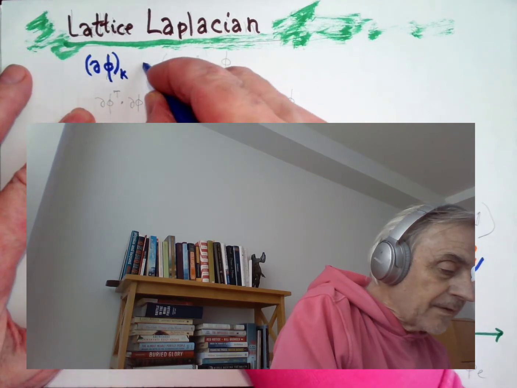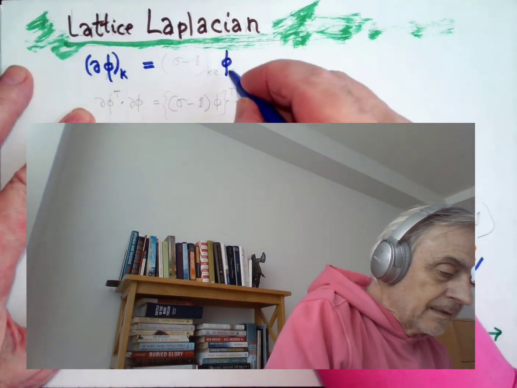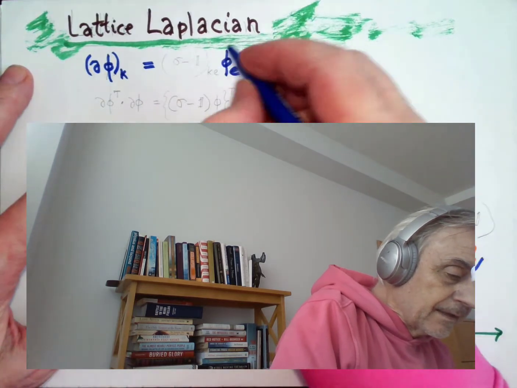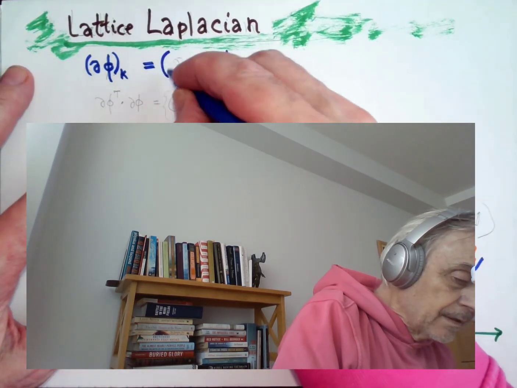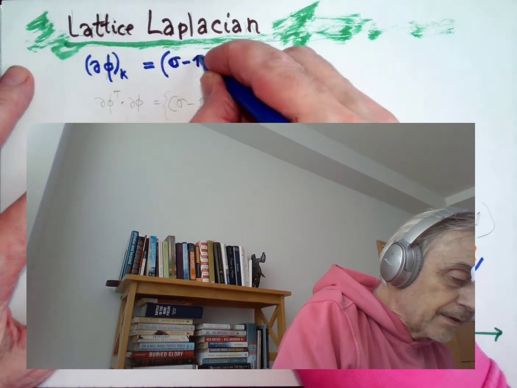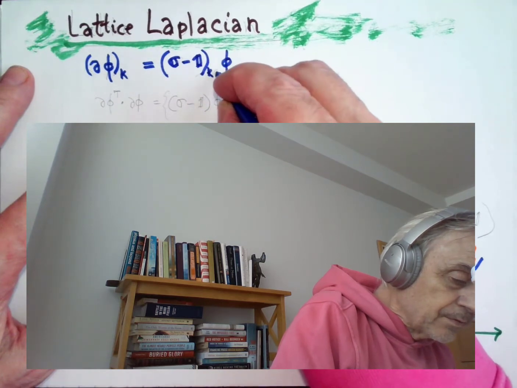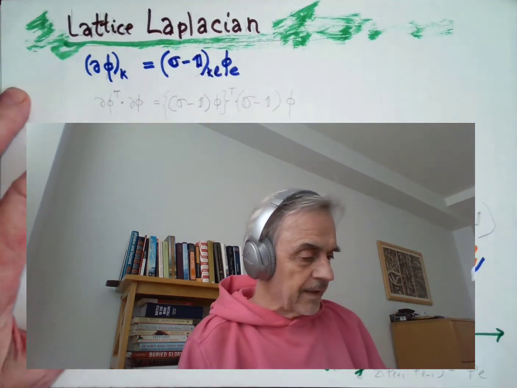And the derivative is defined as a matrix operation, where you take lth component multiplied by a matrix which is shift minus unity. It's a matrix, it has two indices, K L, and we sum over L.